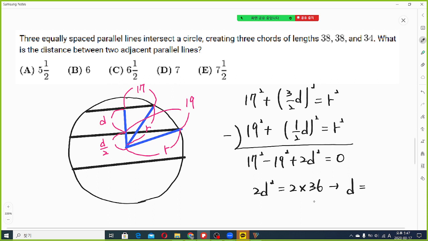D is 6. So the answer is 6. The distance between two lines is 6. And this is half of the distance, because there is another half here, and this thing is D, because they are equally spaced.